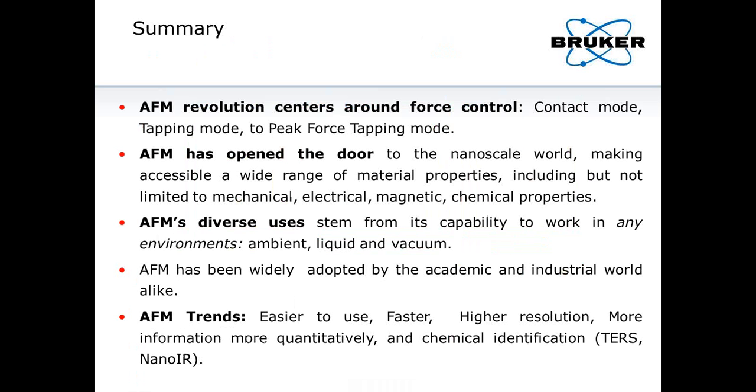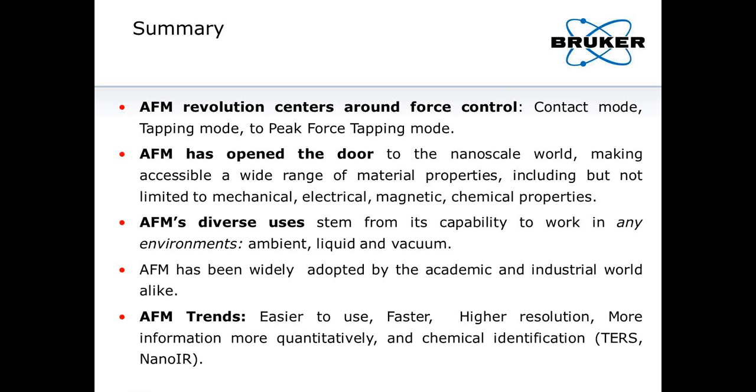So now here I want to summarize briefly. I hope I have given you a flavor about the AFM technique itself, how it evolves, centering around better and better force control, from contact mode to tapping mode, and to the recent PeakForce Tapping mode.